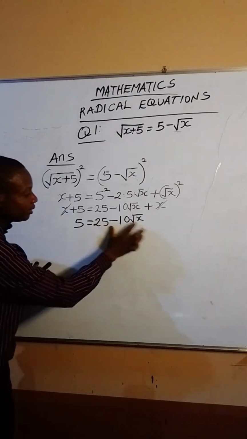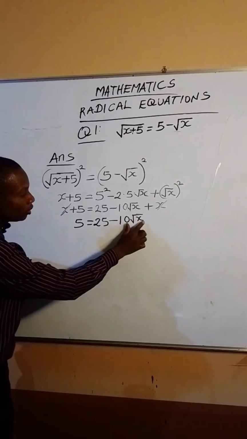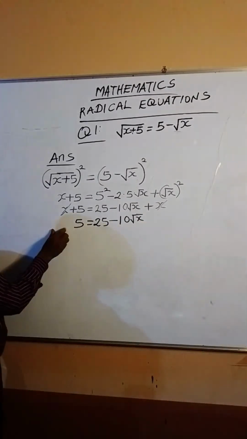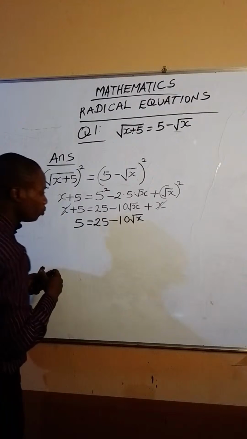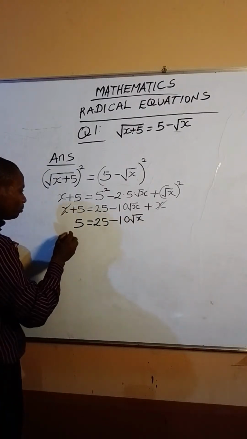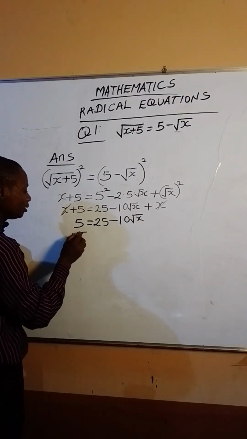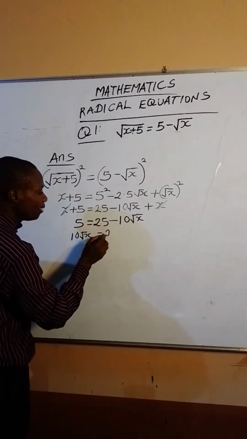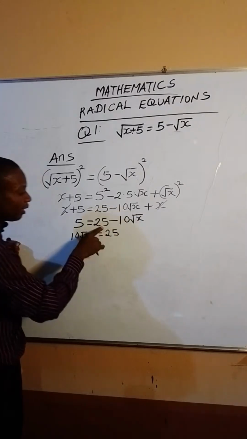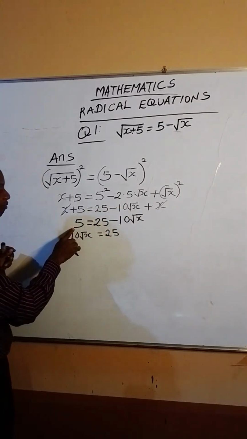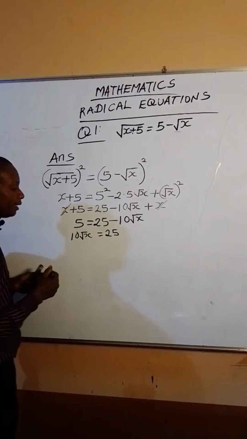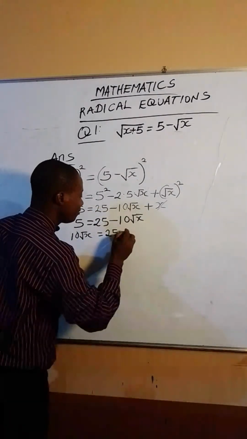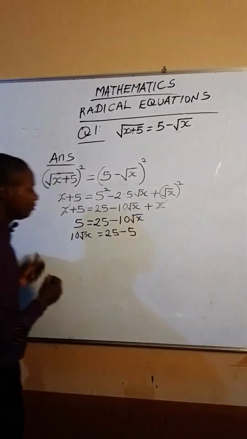Then we can take this minus 10 root x to the left-hand side. If we do that, we are going to obtain 10 root x equals 25. Then let's take 5 to the right-hand side, so we have minus 5.